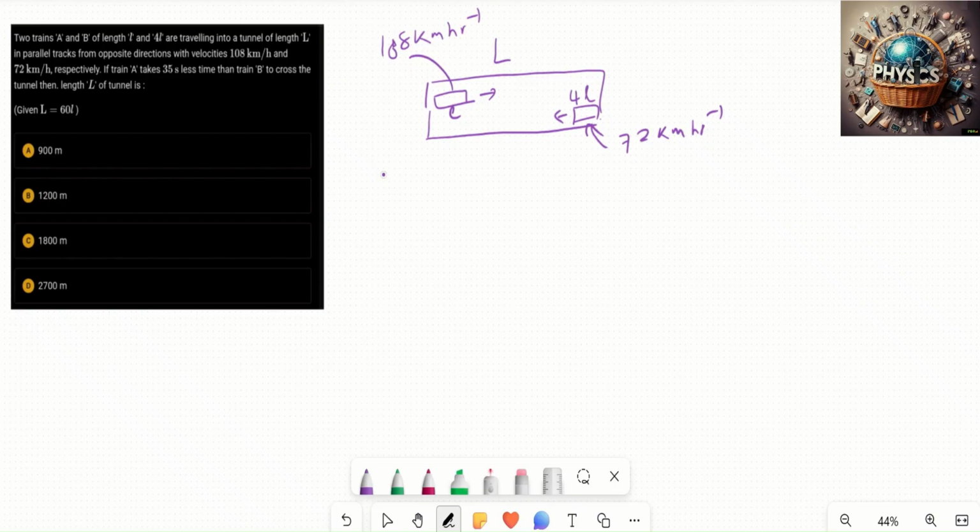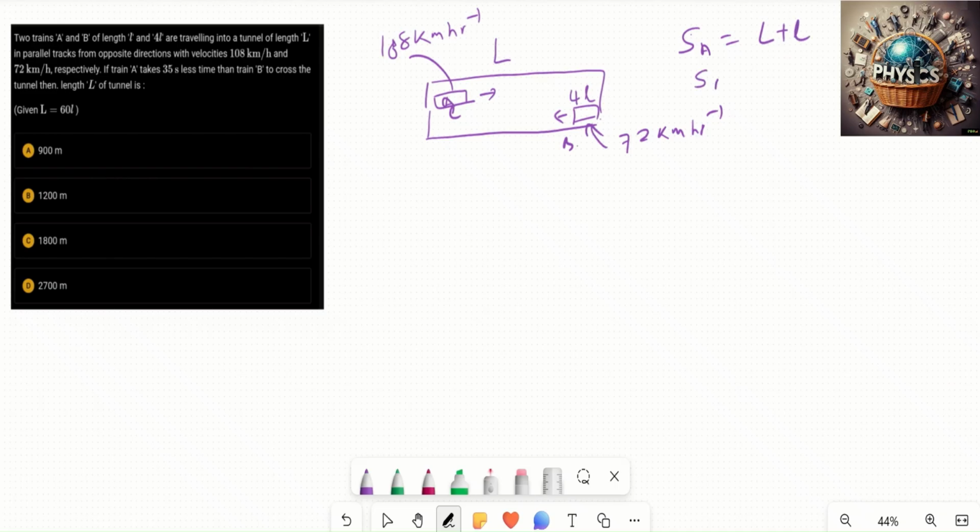First of all, the total distance that train A will cover will be L plus its own length, so S for A is equal to L plus small l.